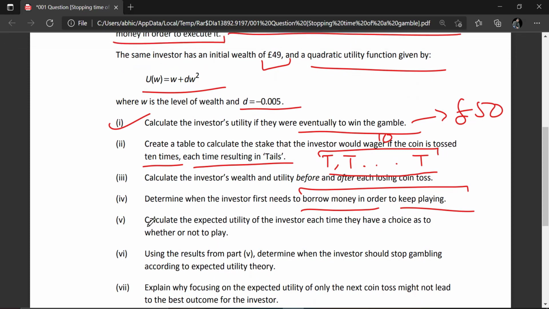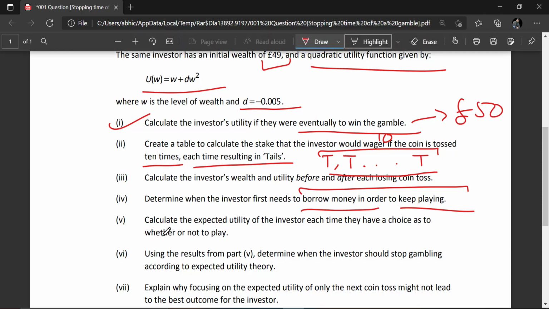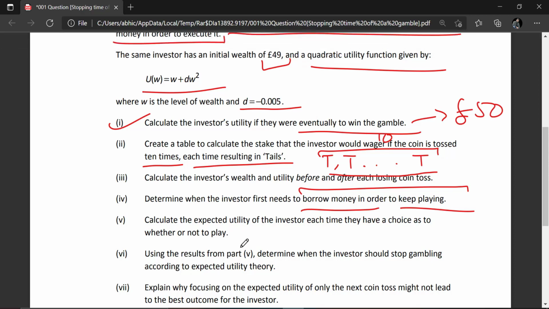Okay, next one. Calculate the expected utility of the investor each time they have a choice whether to play or not. Okay, so now the thing is, we want to find the expected utility of the investor each time they have a choice to play the gamble or not.